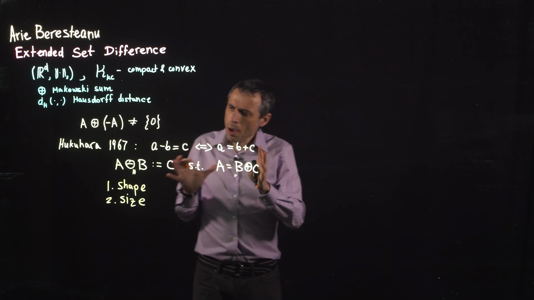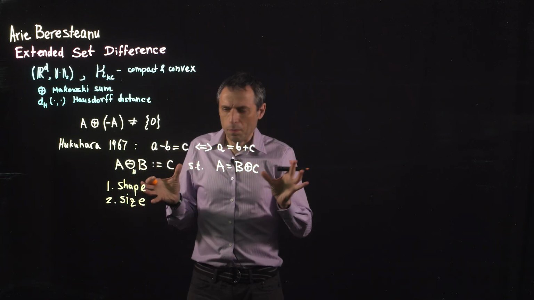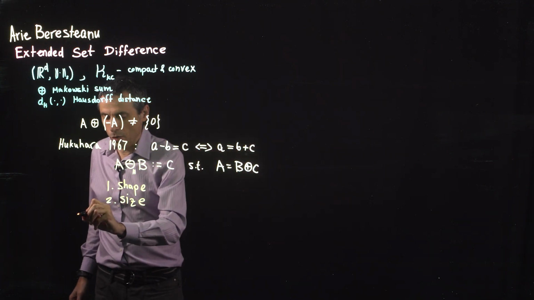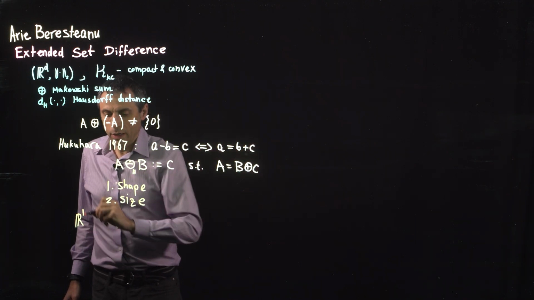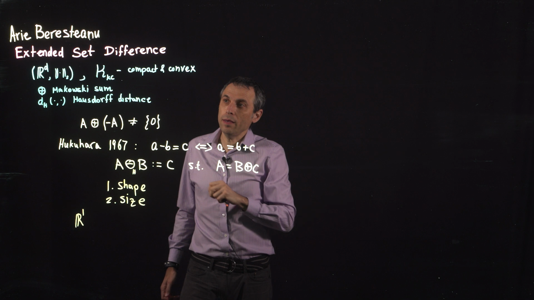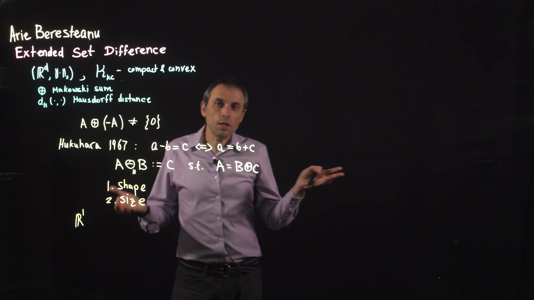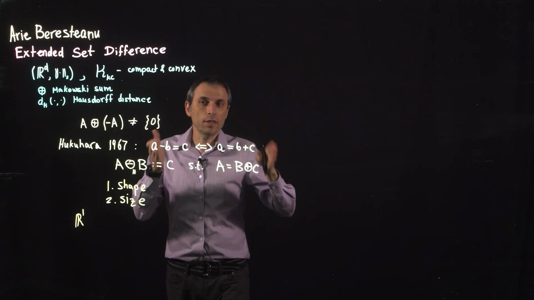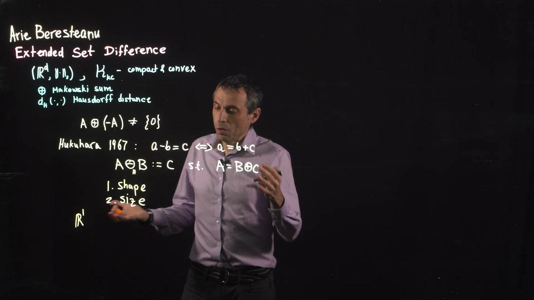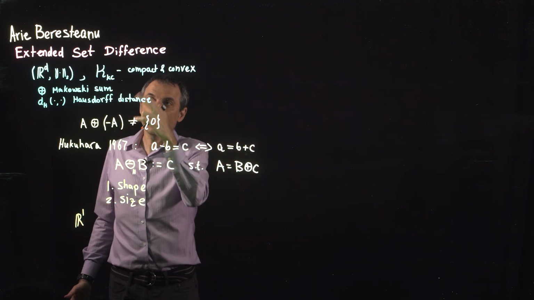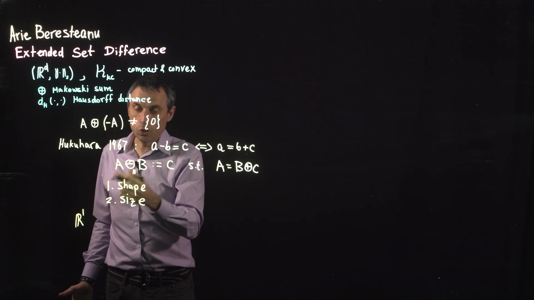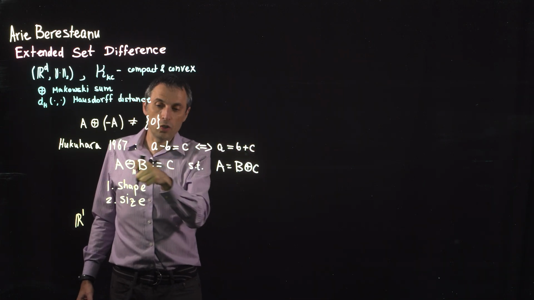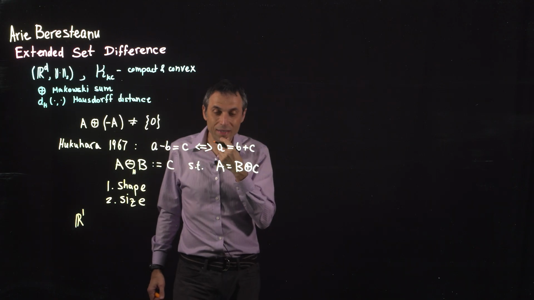But let's think about something simple. Does it exist at least in R1? In R1, this script K is the set of all closed intervals with two finite endpoints. If I take two sets in R1 which are compact and convex, two intervals, is this operation always defined?